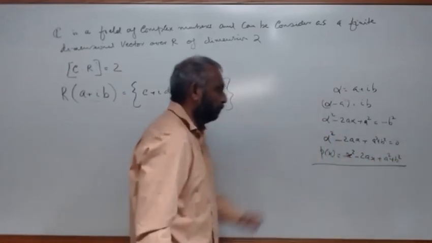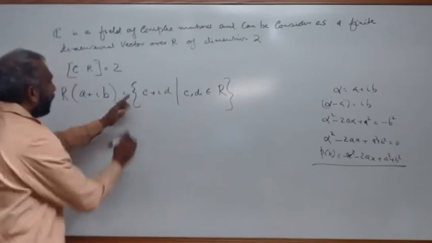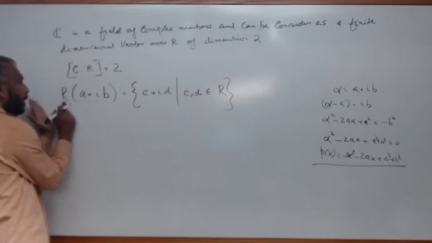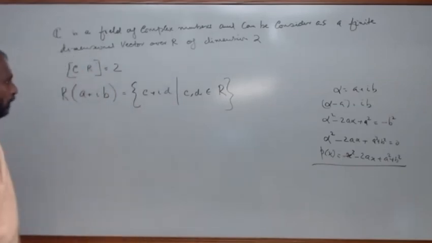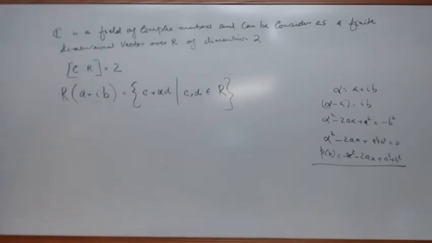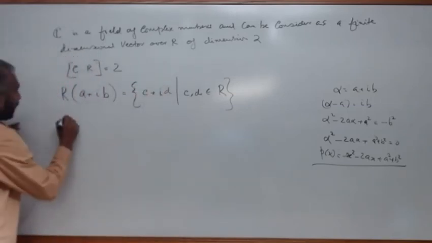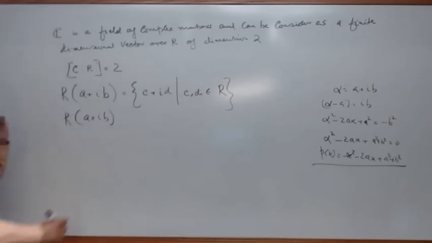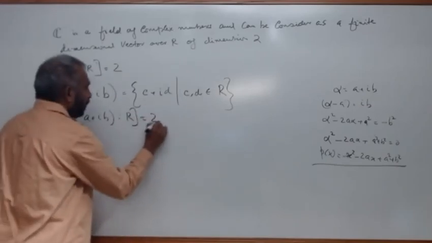So it's of degree 2. If it's a degree of 2, then the simple extension containing a plus ib and R is of this form. So what does that mean? That means the degree of R(a plus ib) over R is equal to 2.